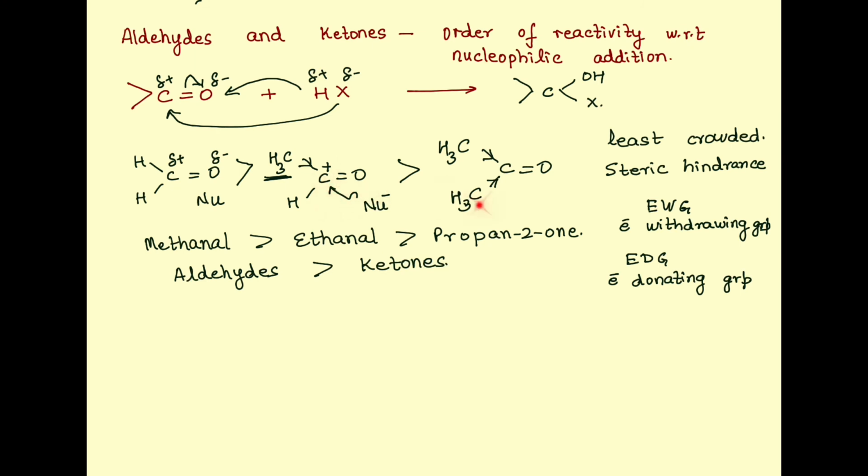Now what about if there are electron withdrawing groups? Look at the two structures that I have drawn over here, ethanol and chloroethanol. Now this chlorine is highly electronegative, remember, so it has a tendency to pull the electrons towards itself, although it is attached through the carbon, because it's going to be a tug of war. Chlorine is going to pull from the carbon, carbon is going to pull the electrons from the carbonyl carbon over here.